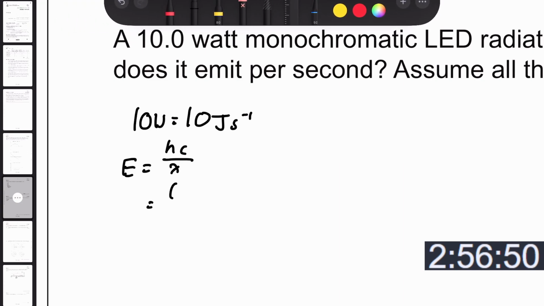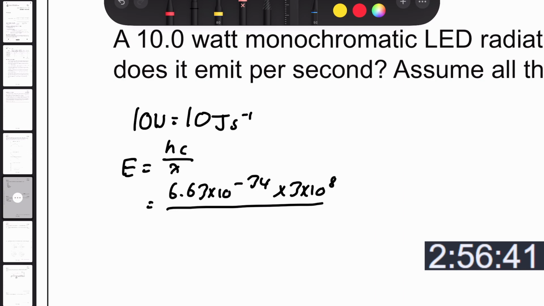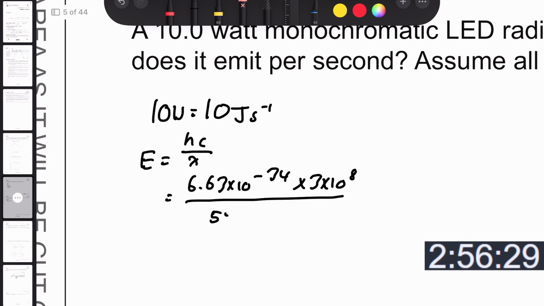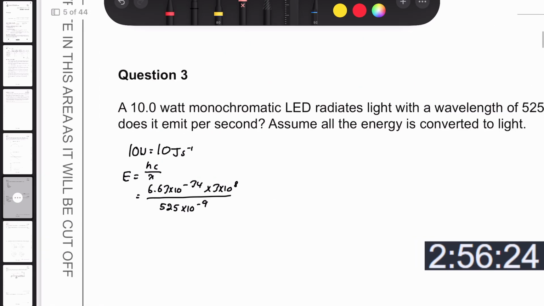Which is equal to 6.63 times 10 to the negative 34 times 3 times 10 to the power 8. So essentially I'm going to find out how much energy is in one photon, and then divide 10 by that to find how many per second. So 6.63 times 3 times 10 to the 8 over 525 times 10 to the negative 9, because it's in nanometers.